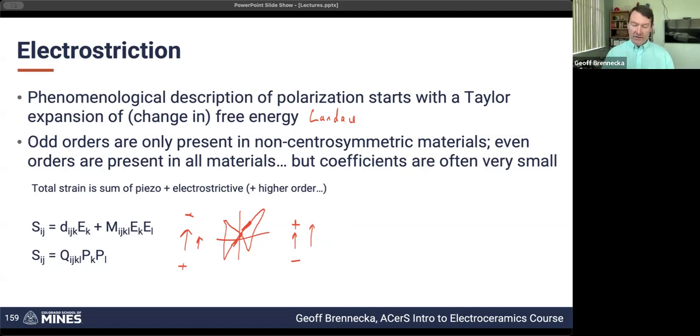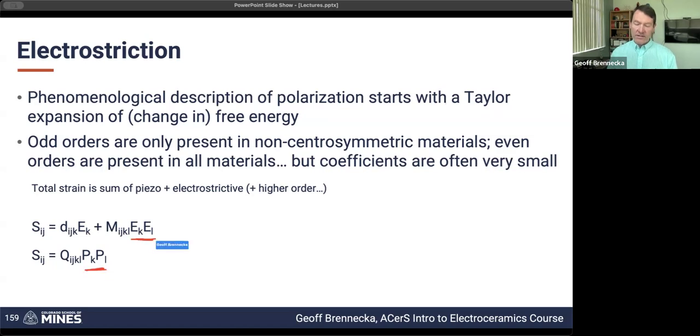The second order effect is known as electrostriction. And this just says that the strain is going to vary with either the square of the polarization or the square of the field, depending on whether you're talking about direct or converse. So in most materials, this electrostriction ends up being so small that we don't care, that it's 1% or less, usually far, far less of the contribution to a lot of piezoelectric materials.